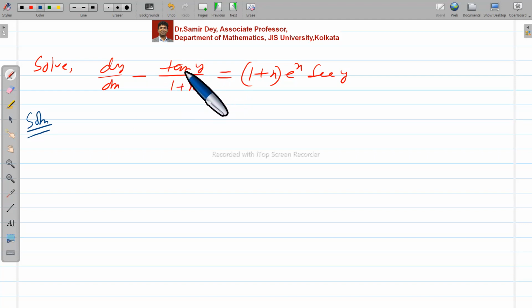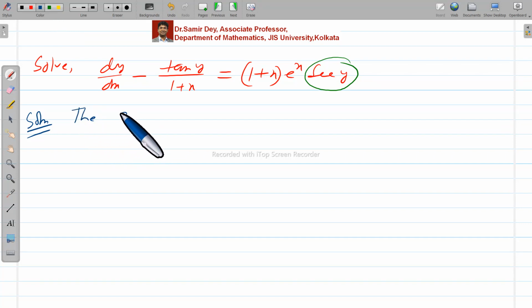Next you have some y term, single y term you have along with some x. Just you can see on the right side you have some extra y term, so that's why it is called Bernoulli equation. Okay, so now try to understand how to solve it.